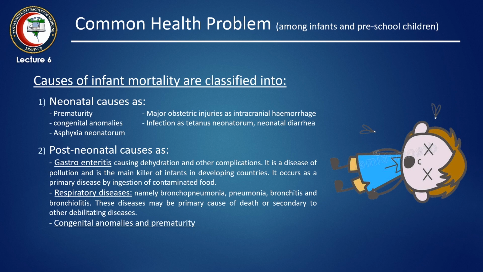First neonatal cause is prematurity, to be followed by major obstetric injuries as intracranial hemorrhage. In addition to infection as tetanus neonatorum and neonatal diarrhea, besides asphyxia neonatorum and congenital anomalies.